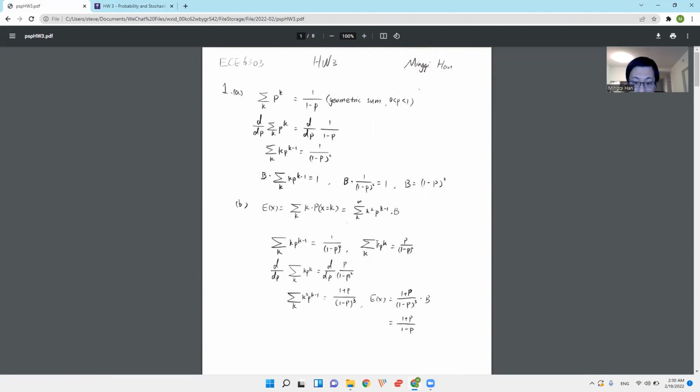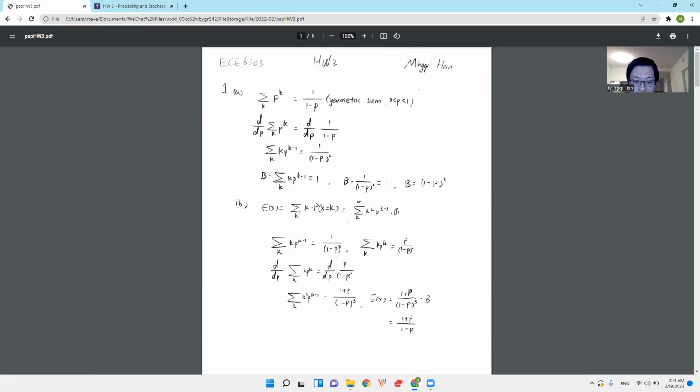We can take the derivative of this whole thing, left and right. After taking the derivative, we have the k squared, which is needed over here. We also have p to the k minus 1, which is over here. We can just leave b like this for now, and the other side would be 1 plus p over 1 minus p cubed, which is simply the derivative of this over p.